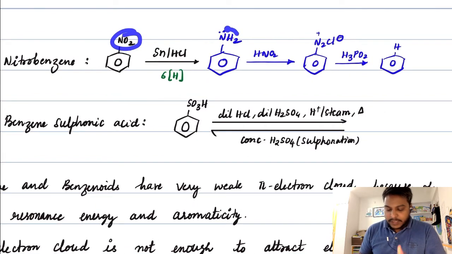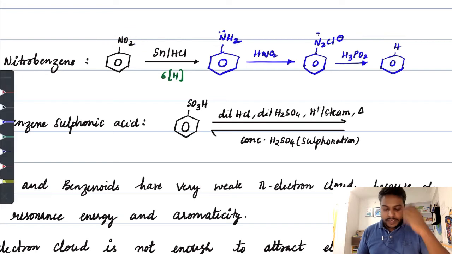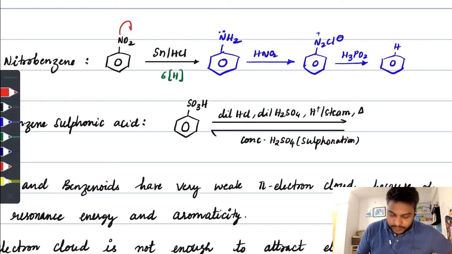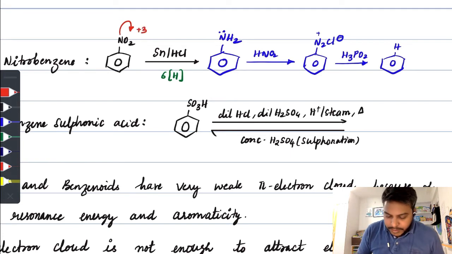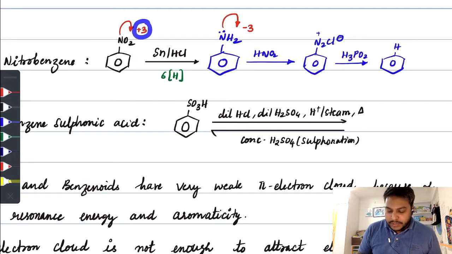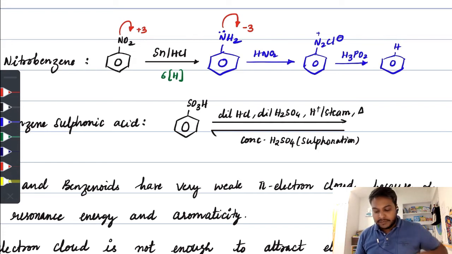So here, to convert this NO2 to NH2, if you observe the oxidation state of this nitrogen here, this is as if losing 4 electrons to oxygen and gaining 1 from carbon, which makes it +3 oxidation state, while here it is gaining all the electrons, which is -3. So you could observe that from +3 to -3, nitrogen has to change its oxidation state, which implies it requires 6 electrons.